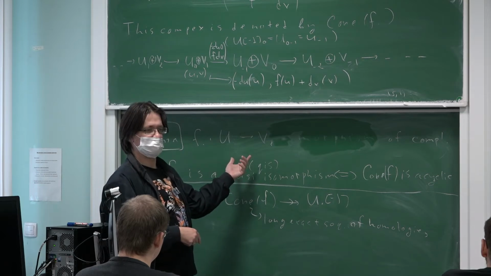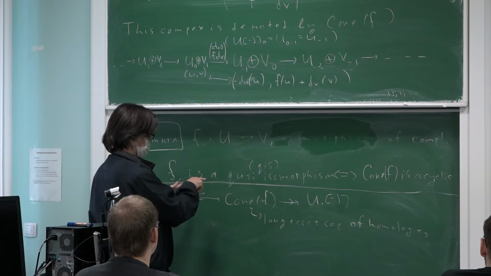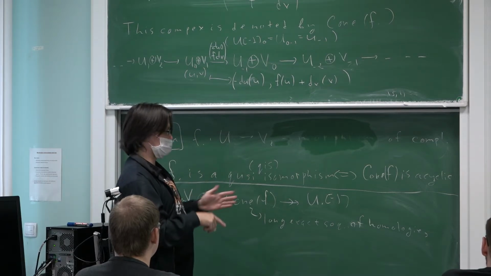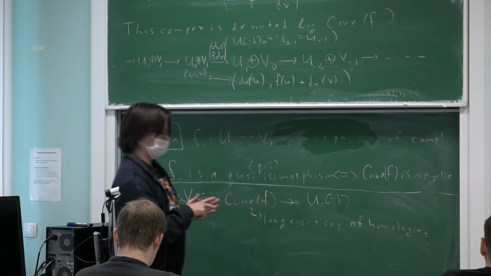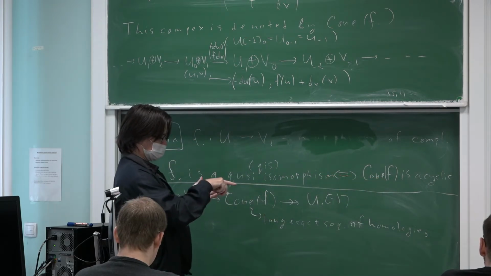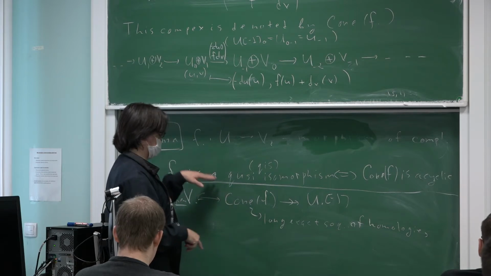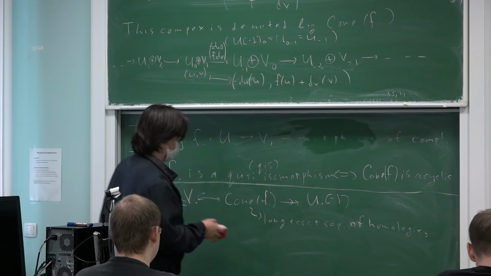Yes, because the map on homology induced by f is an isomorphism if and only if the homology of the cone is 0. And you will have to show that the connecting map between homology is exactly the map induced by f. So it's a little technical.